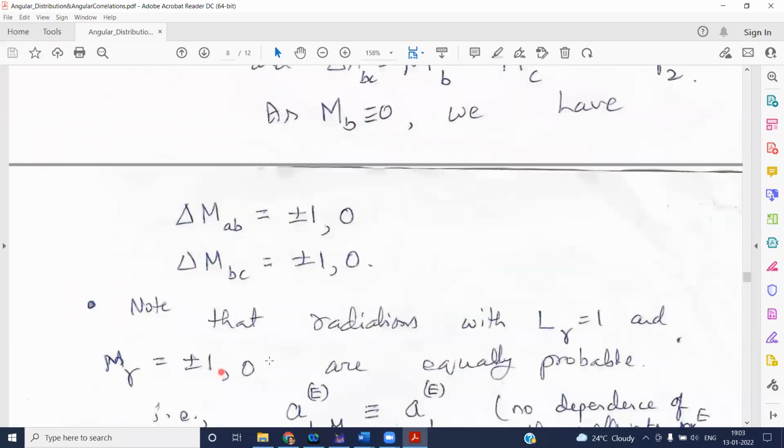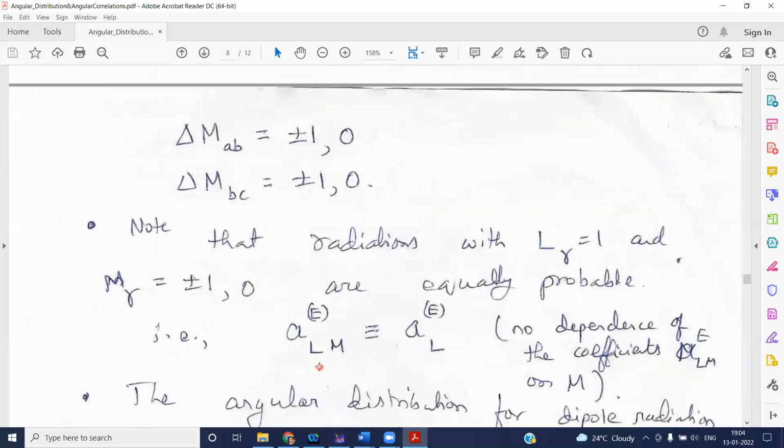Fine. Now, if I take radiation with L gamma equal to 1 and M gamma plus or minus 1 and 0, all the M gamma are equally probable. What do I mean by that? I told you earlier, for any incoherent source, M gamma plus or minus 1 and 0 appear with equal probability. L is 1, fine, but M equal to plus 1 comes with the same number as M equal to minus 1 and M equal to 0.